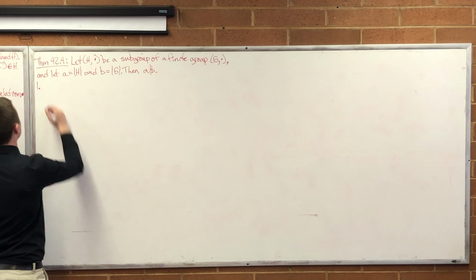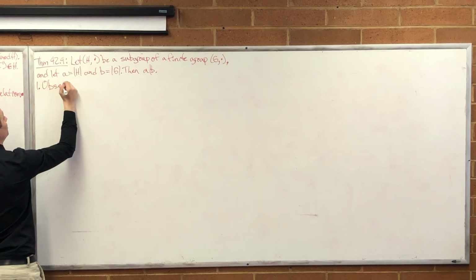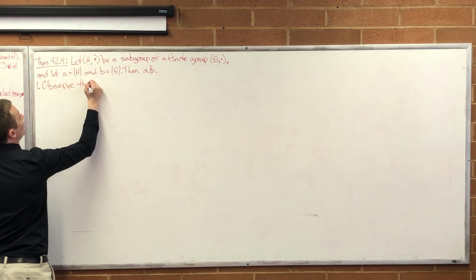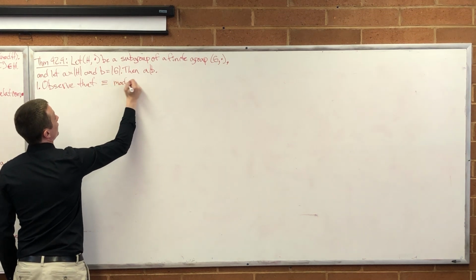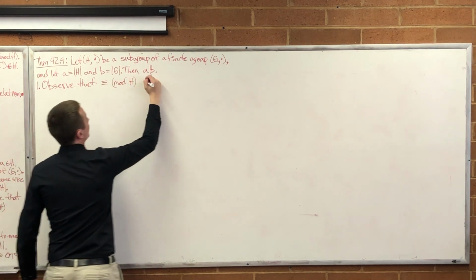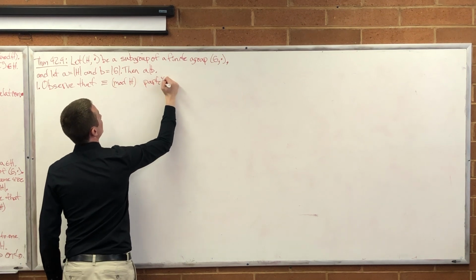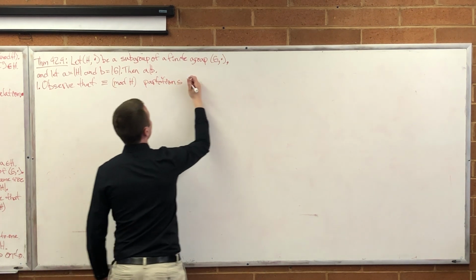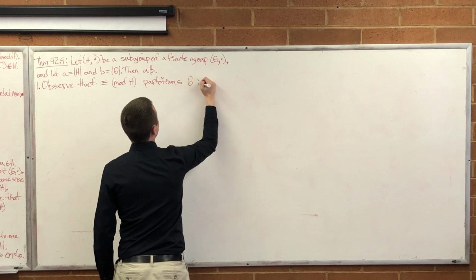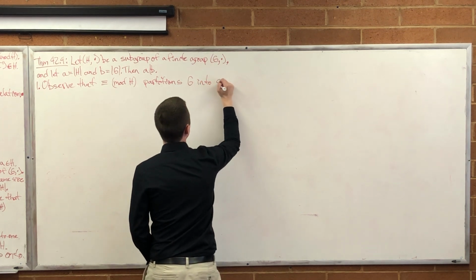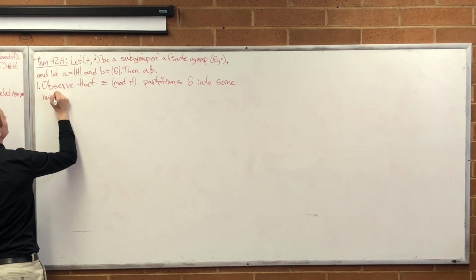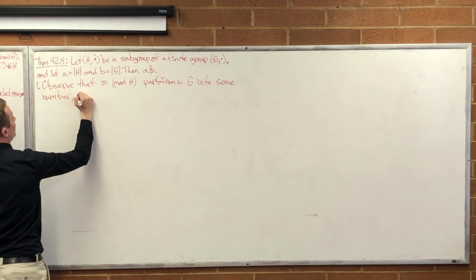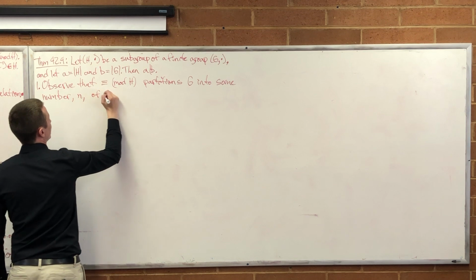1, observe that congruence mod H partitions G into some number, we'll call it n, of equivalence classes.